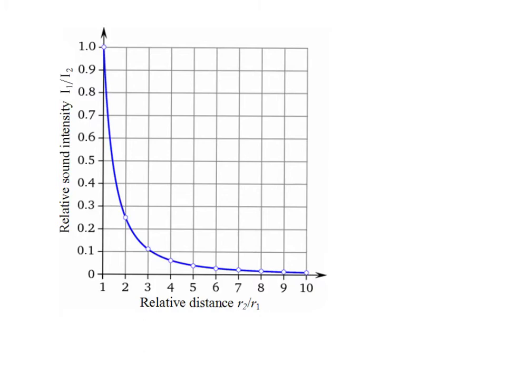This is an example of an inverse relationship where you can see that, let's just say as I go from 2 to 4 on the x-axis here. So I go from 2 to 4, so from here to here, you can go ahead and check it and see what you get. So on the x-axis, as I move from 2 to 4, I'm doubling.